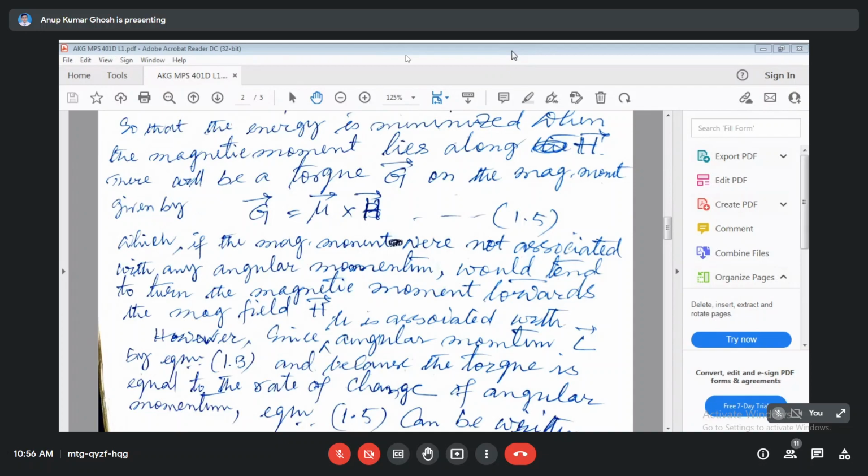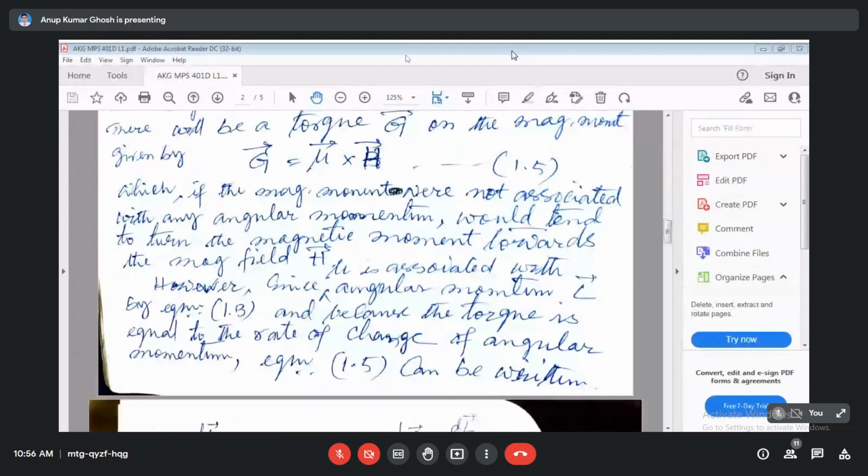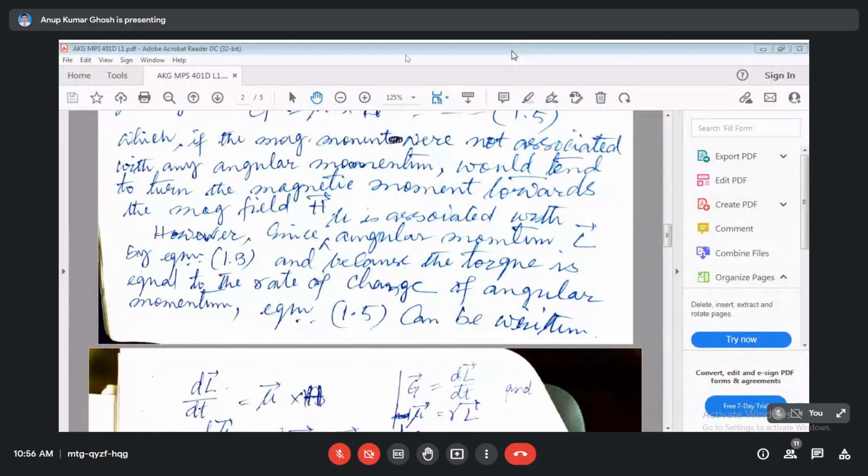There will be a torque G on the magnetic moment given by G equal to mu cross H, which, if the magnetic moment were not associated with any angular momentum, would tend to turn the magnetic moment towards the magnetic field.